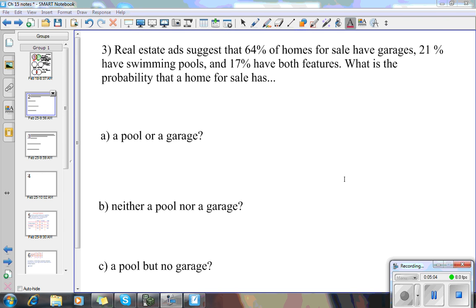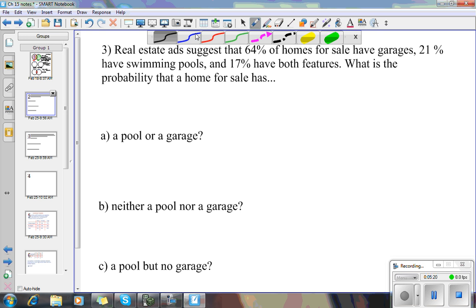Okay, so we've got problem 3. Real estate ads suggest that 64% of homes for sale have garages, 21% have swimming pools, and 17% have both features. What is the probability that a home for sale has, and then we have some different possibilities. I'm going to show you both ways. I'm going to show you with a Venn diagram, and you'll see how simple this is to do.